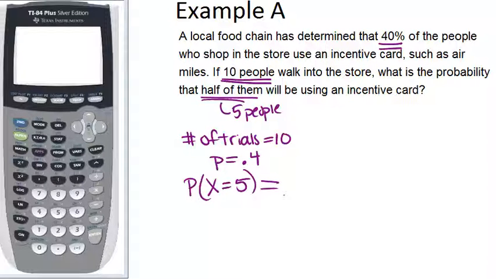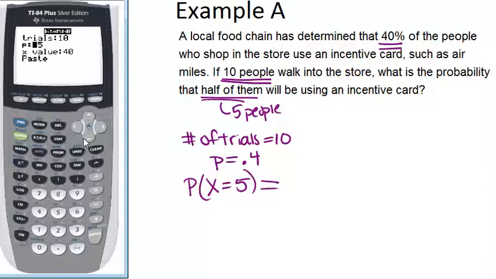So in our calculator, we go into the distribution menu and scroll down until we get to binomial probability density function, Binompdf. And once we've selected it, we can enter in what we want. In this case, we have 10 trials.